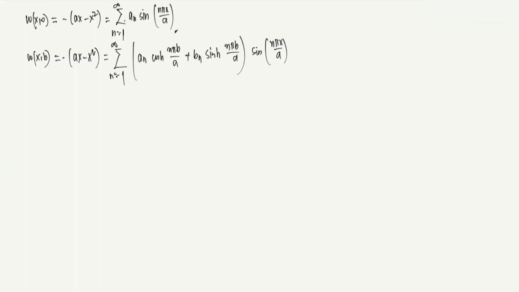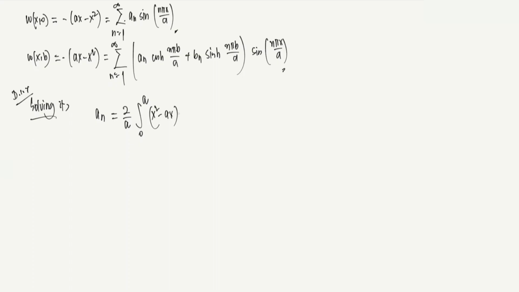This is a Fourier sine series. Again, this is also a Fourier sine series. You can solve it. Again, you have to do this yourself. Please check it. Okay. So solving it, what do you have? What is an? An is nothing but 2 by a, Fourier sine series, right? Integral 0 to a of x square minus ax.